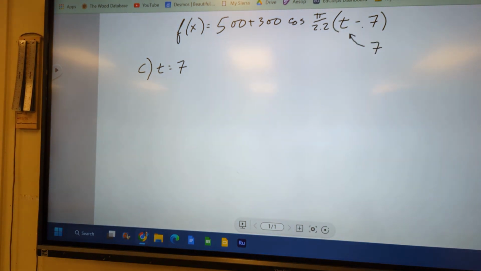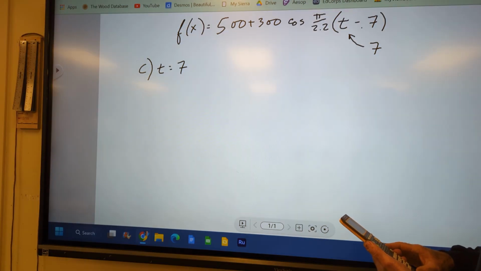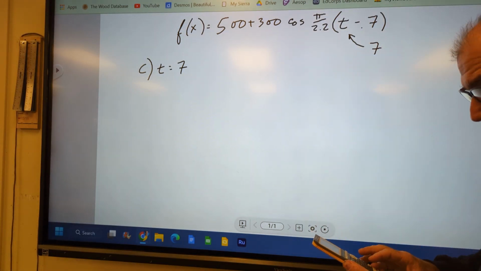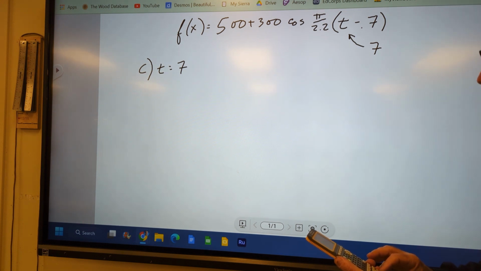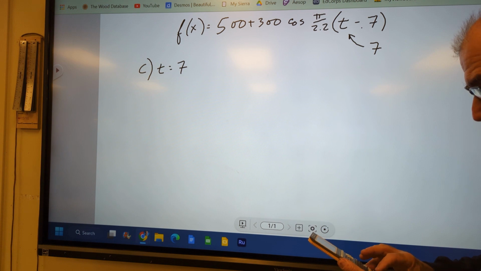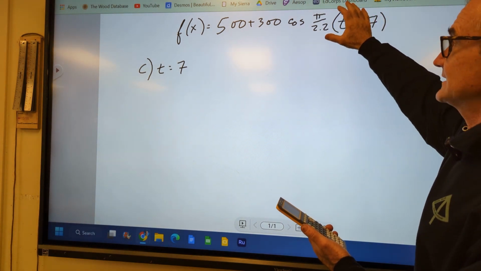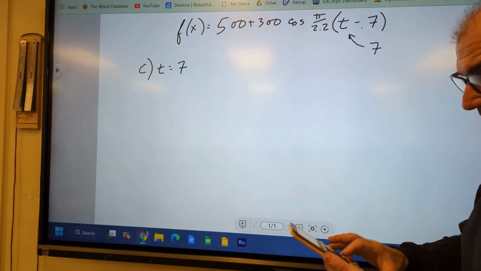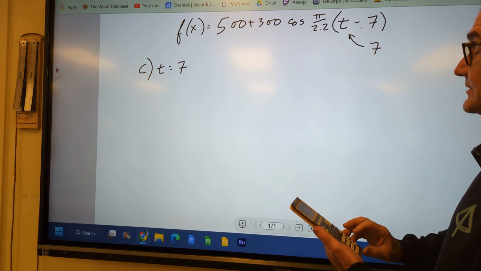I'm going to do that on my calculator. First thing I have to do, because it is not theta, is I have to be in radian mode. In radian mode, I take that 7 and plug it in there. 7 minus 0.7 times pi divided by 2.2. So this value right here is 8.99. I take the cosine of that answer, negative 0.9.